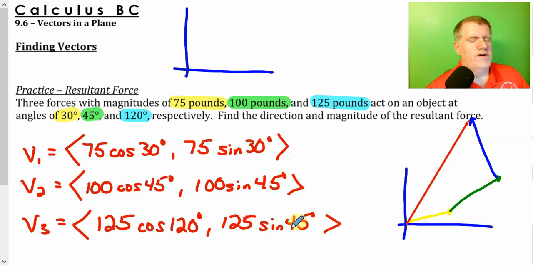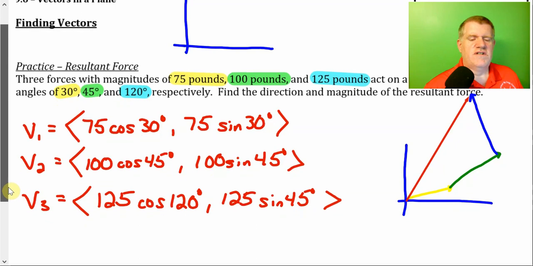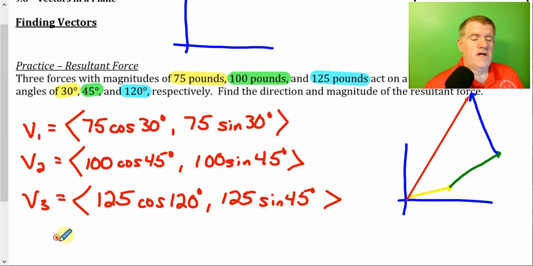You can use all your unit circle knowledge and all that fun stuff and try to come up with an answer, but you know what? I just plugged it all in the calculator. The resultant vector, I'll call it V sub r, after I added all of these together, I got 73.16.